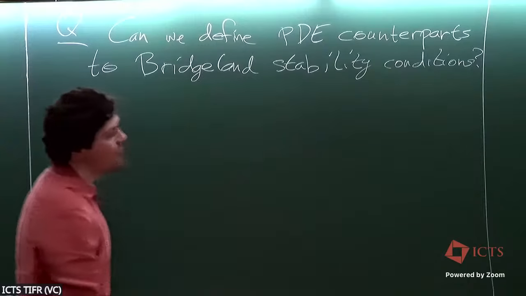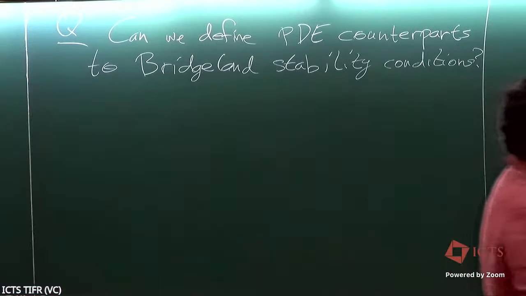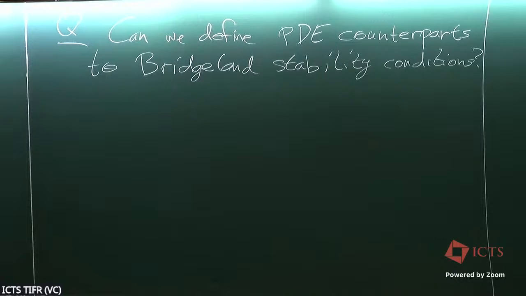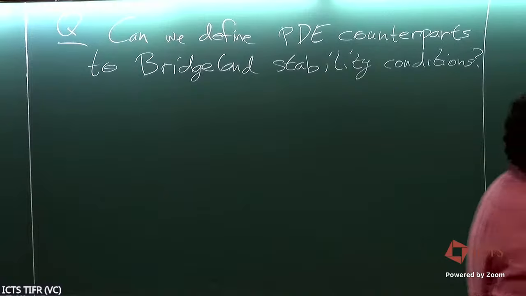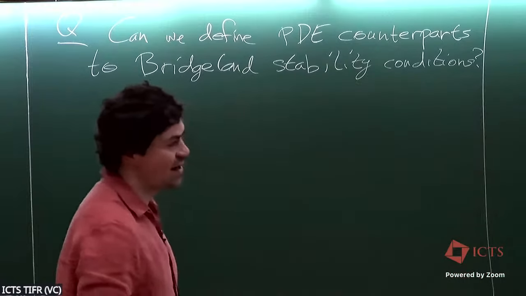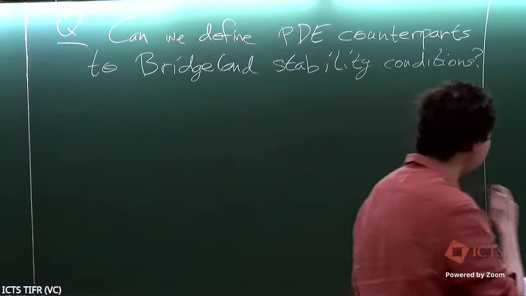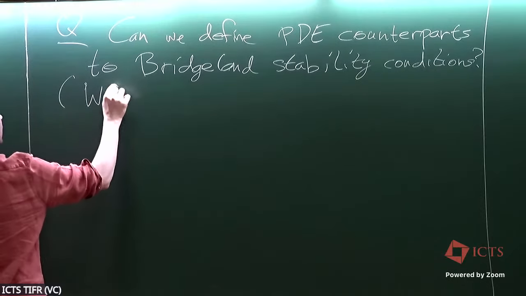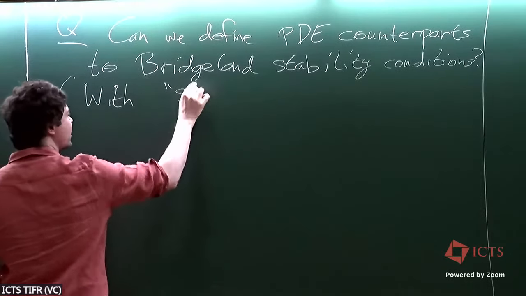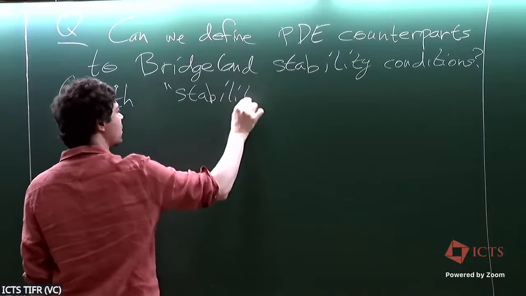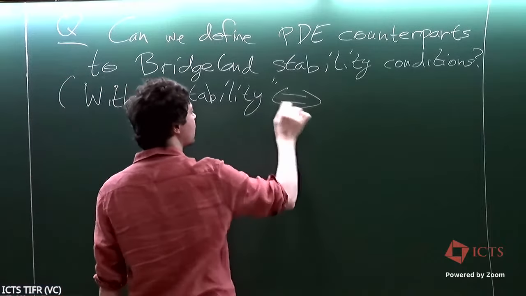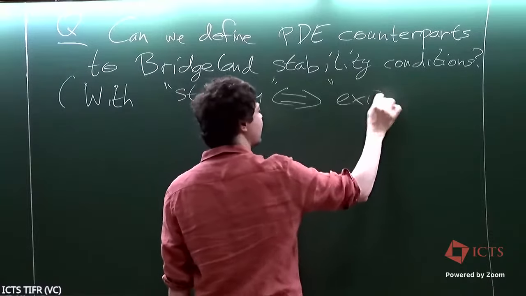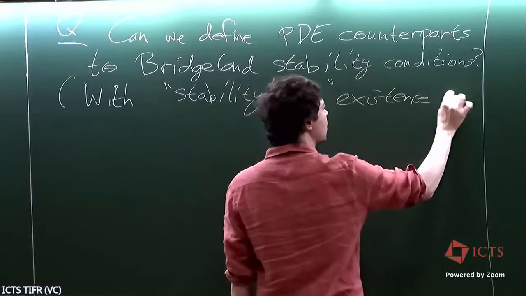Okay, so what does that mean? We would like some kind of flexible notion of a geometric PDE that makes sense in such a way that solvability becomes equivalent to existence through some generalization of the Hitchin-Kobayashi correspondence, motivated by the many applications of Bridgeland stability conditions. So with stability still being the same as existence of solution.